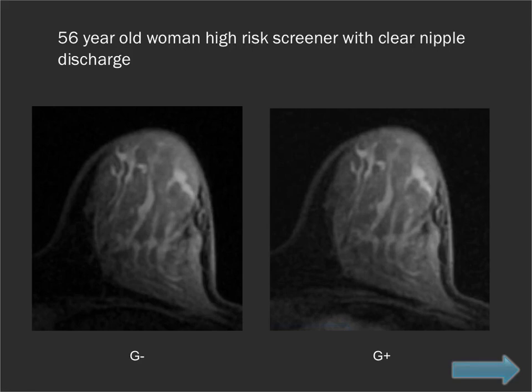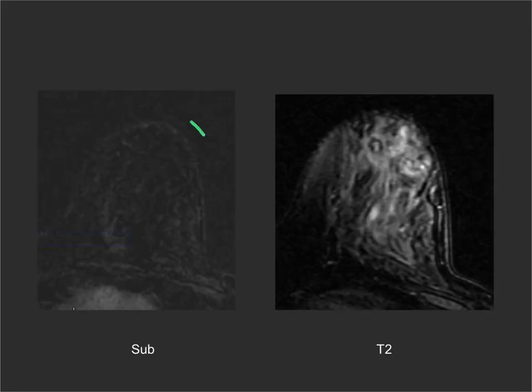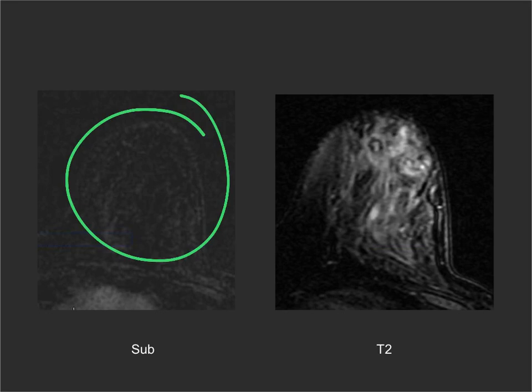This is another high-risk screening patient, and when you look at her gadolinium enhanced study, you can certainly see a lot of ductal type of high signal here, but when you look at the pre-GAD image, you're seeing a very similar pattern. And on the subtraction image, there really is no enhancement, but it is not particularly high on T2 image.